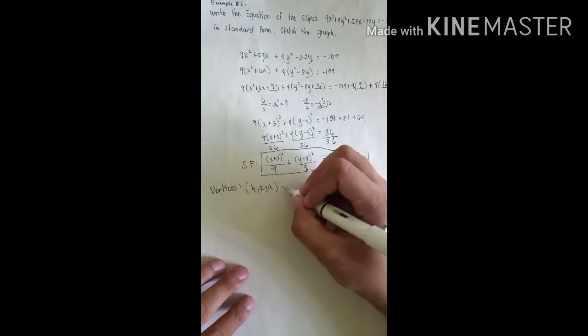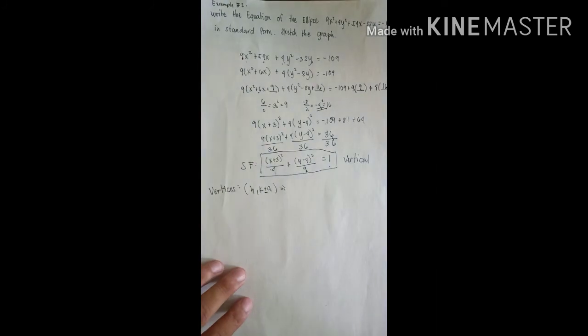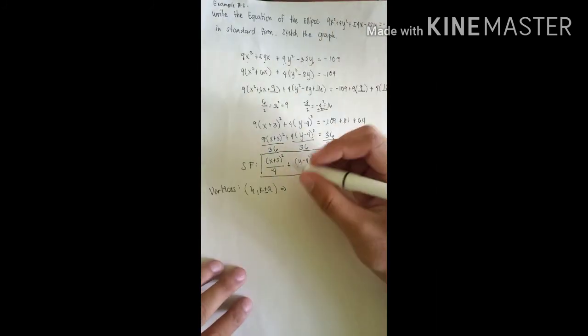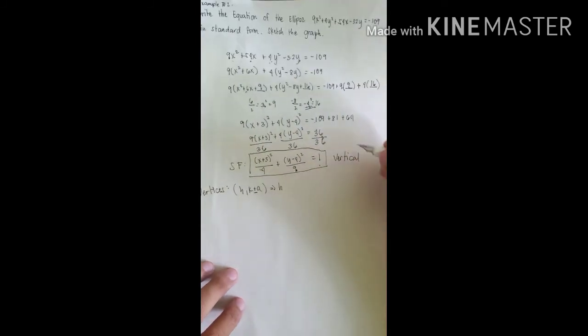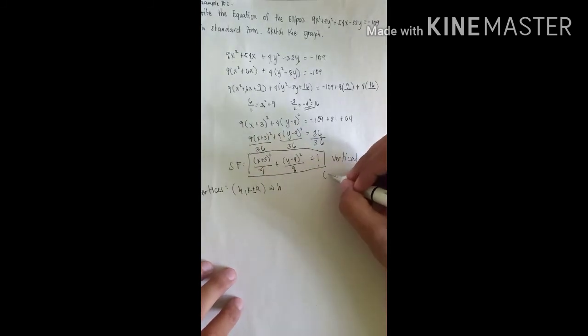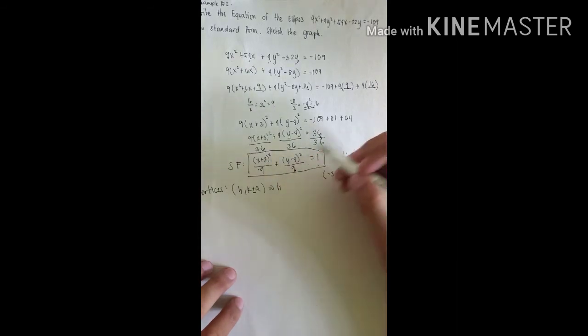So, that's equal to h. Yung h pala natin dito is negative 3, positive 4. Ito, at saka ito. Baliktarin mo lang yung symbol nila.